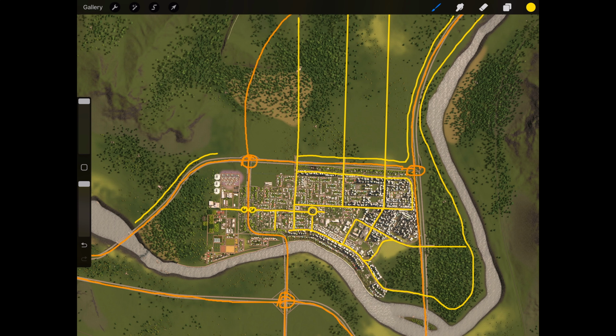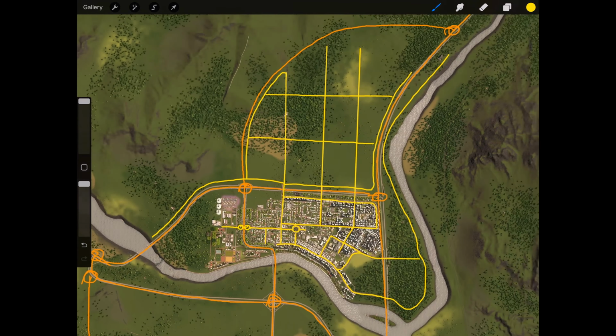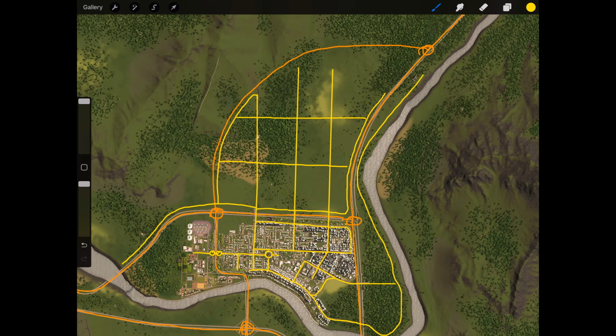So here you can see me extending the arterial roads further down to the west side of the river and also up to the north, following the highway. And now I'm starting to draw in the first grid-like arterial roads, but obviously not all of them will be filled at a later stage.